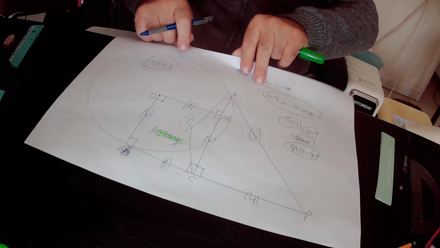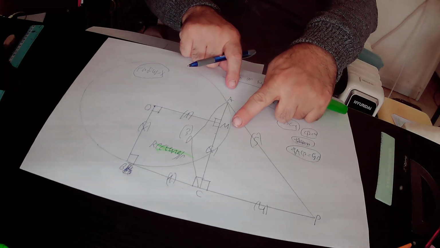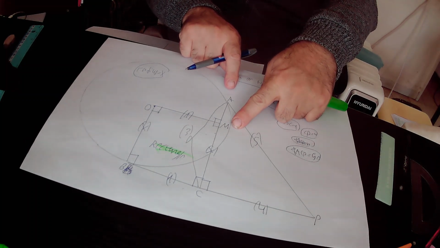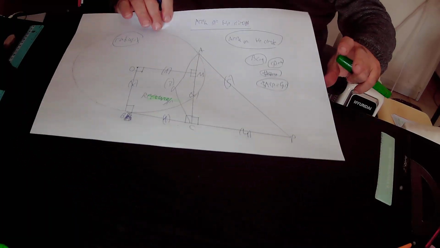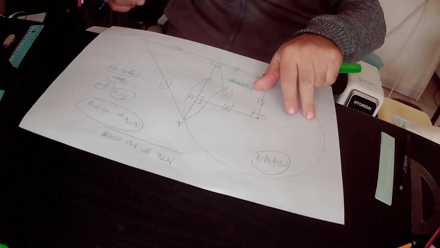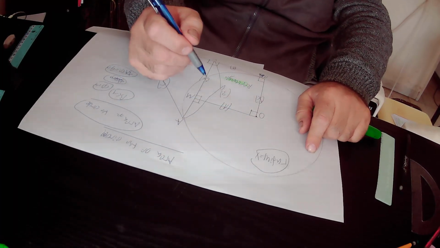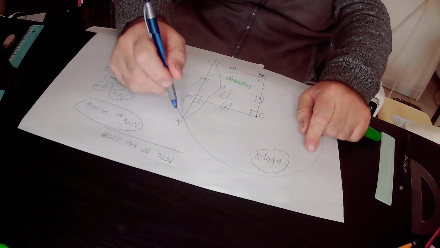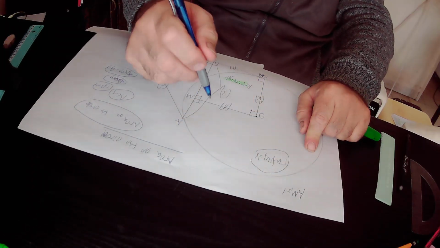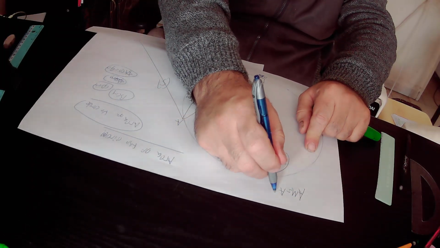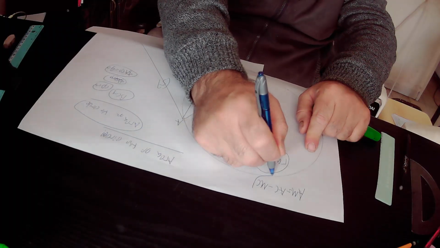What is the length of this missing line segment, line segment AM? AM equals AC minus MC.